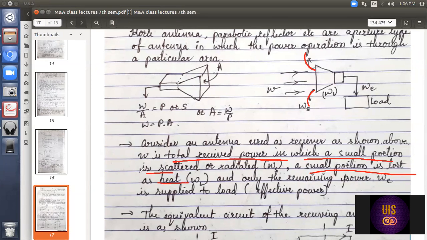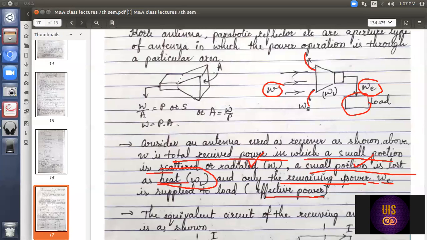So some amount of power may get lost as heat, and after scattering and heat loss, some amount of power, say W suffix E, is then supplied to the load. The end product is WE, and E is the suffix we use to denote effective power.